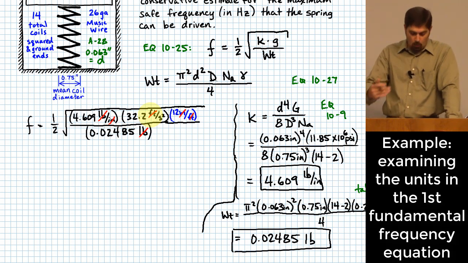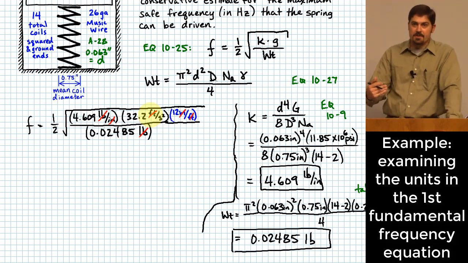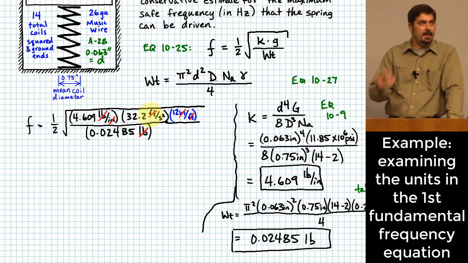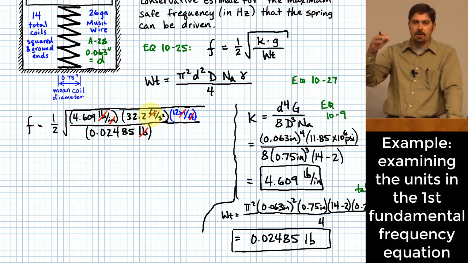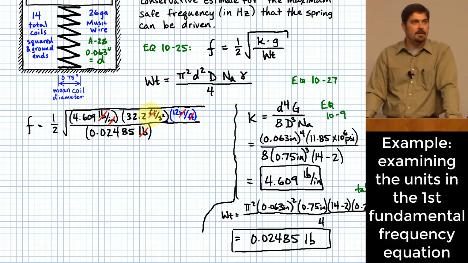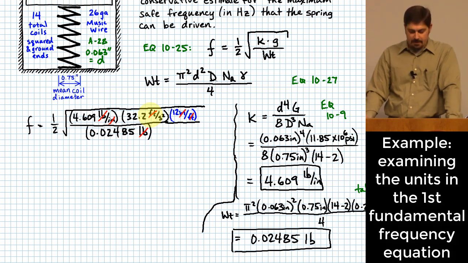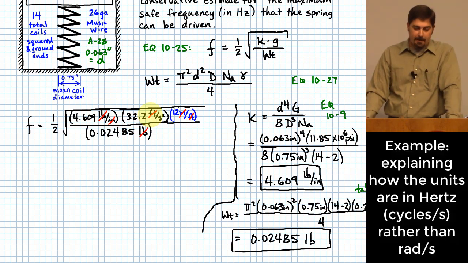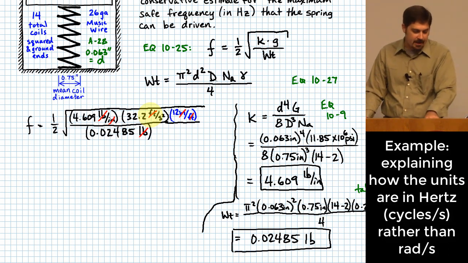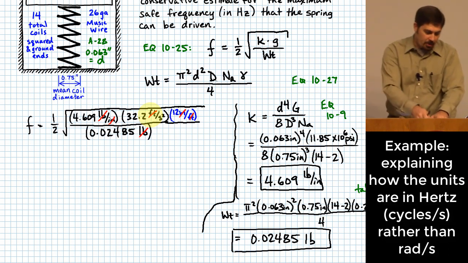Yeah, so I have 1/2 squared under the radical, and I take the square root of 1/2 squared. That just gives me 1/2, and this gets a little tricky because we always say radians is unitless, right? Well, the tricky part is cycles are also unitless, so you actually have to read the context of the problem.